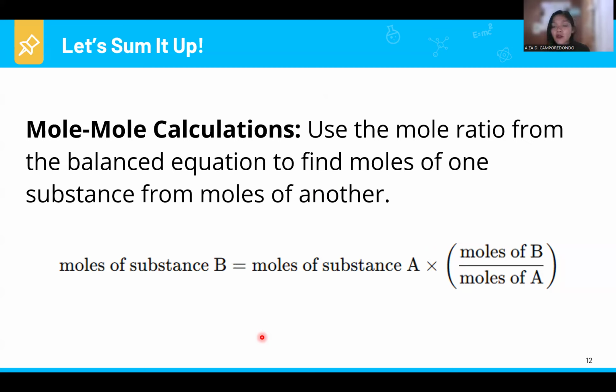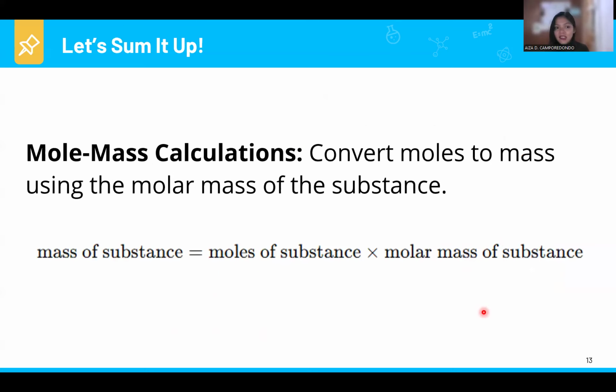We have the general formula here: moles of substance B is equal to the moles of substance A multiplied by moles of B over moles of A.